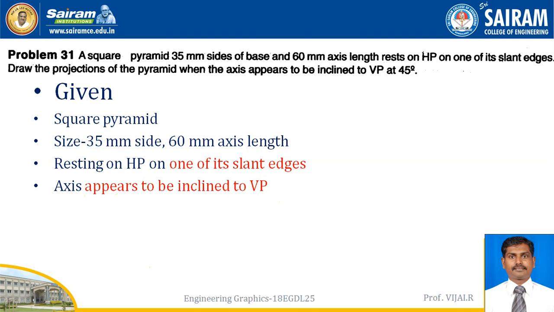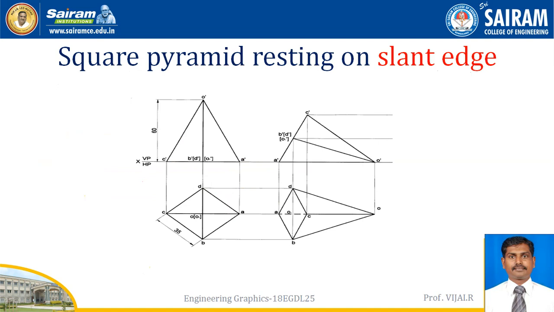Once you find these, we go for the solution. It is a square pyramid, and you will know how the pyramid looks in the top view and the front view. When we keep it on a slant edge, these are all the slant edges, so we have to keep it in corner position.